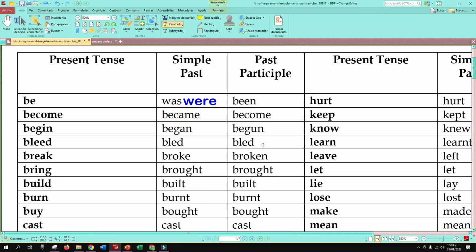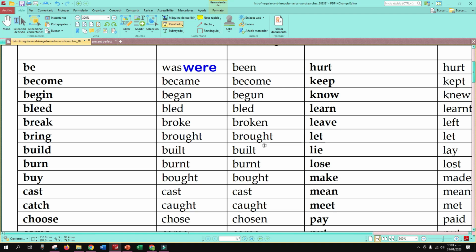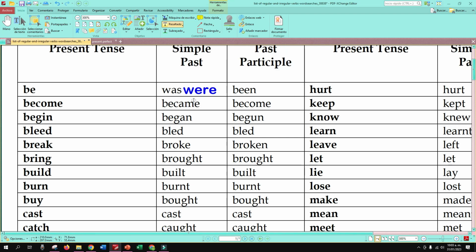Also, you have become, became, become again. Look at this, only the simple past changes. Begin, began, begun. Past, past participle. Bleed, bled, bled.